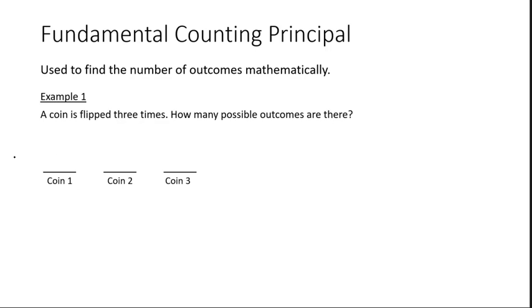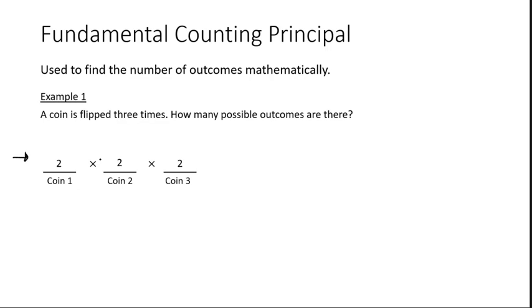And what you put here is the total possibilities for each event. When you flip a coin, there's 2 possibilities, heads or tails. For the second coin, there's also 2 possibilities. For the third coin, we still have heads or tails. So what we have would be 2, 2, and 2.